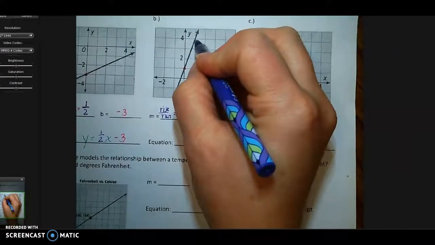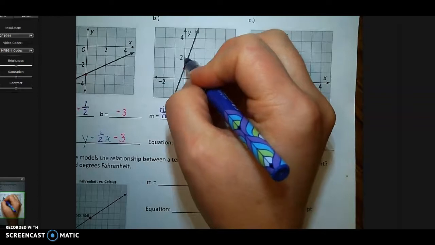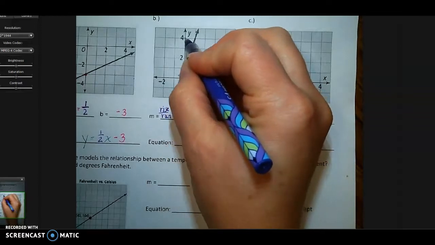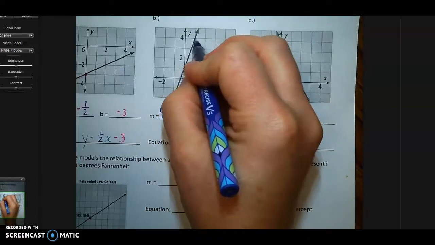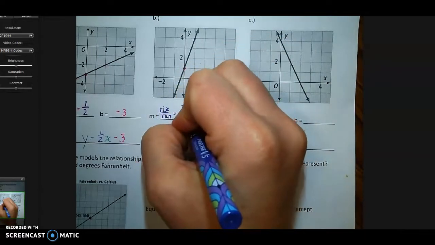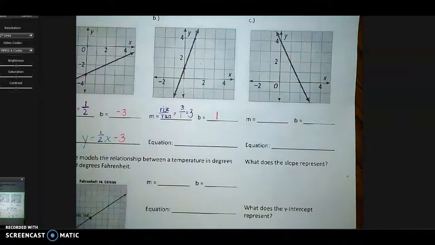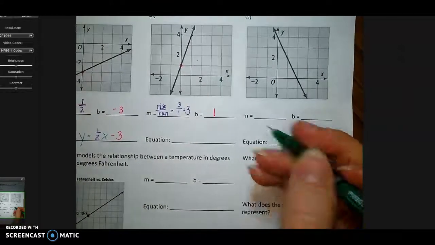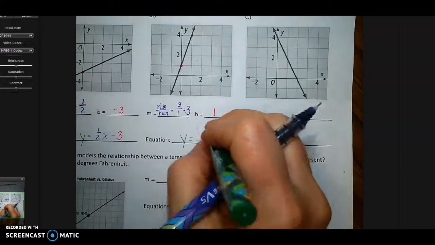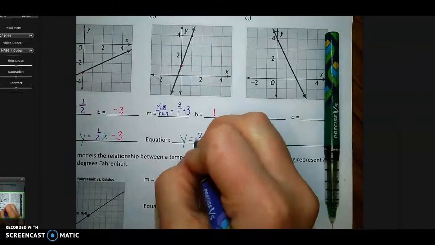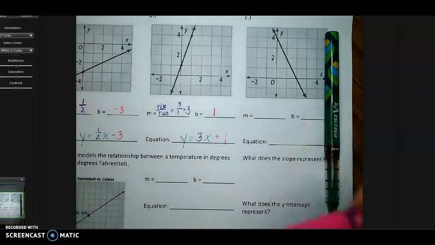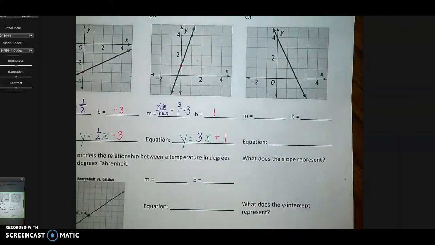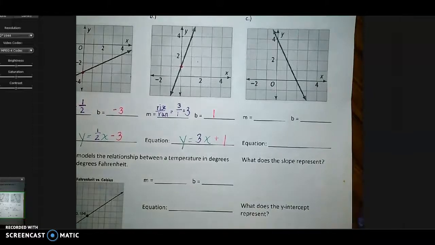To get to my next point there, I'm going to go up 1, 2, 3. So I have a rise of 3 and a run of 1. So my slope is 3. So when I go to write my equation, my slope goes here. My slope is 3. And this was a +1 for my y-intercept, so I put +1, and that's how I write my equation.